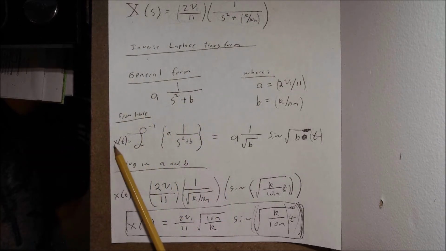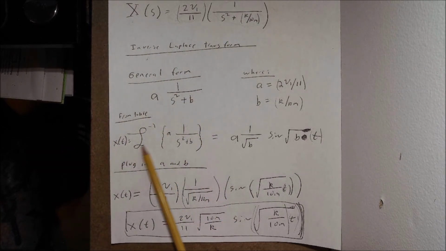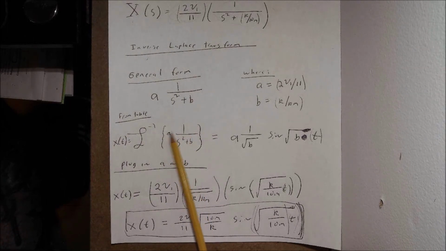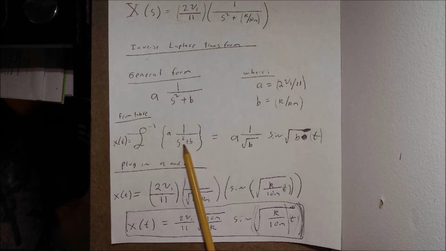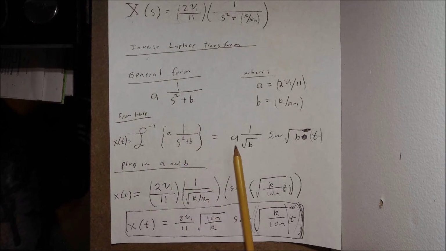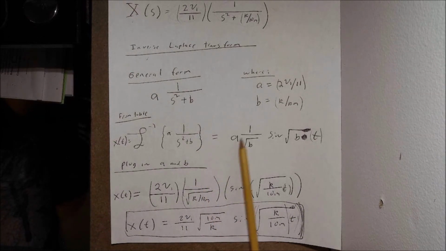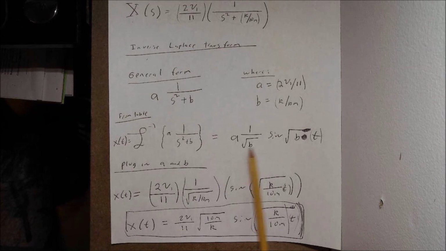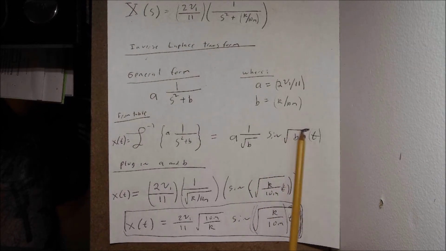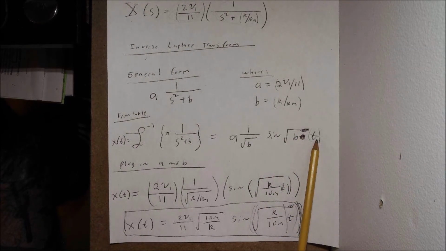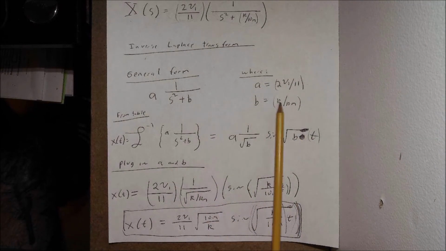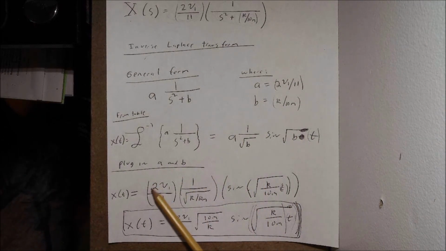So from that table, I can see x of t is the inverse Laplace of this a times 1 over s squared plus b. Well, the general form for the inverse Laplace transform of that function is a times 1 over the square root of b times the sine of the square root of b times t. So I can plug in my a's and b's now up here for my specific problem once I've found that general form solution.